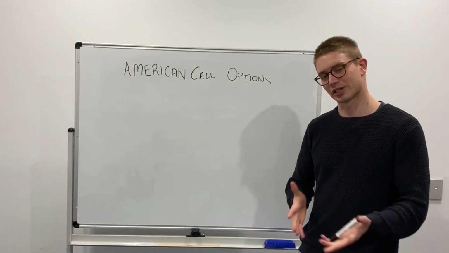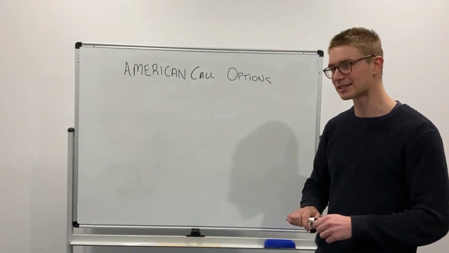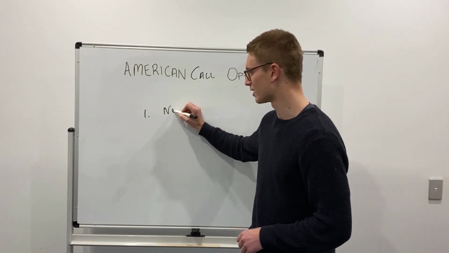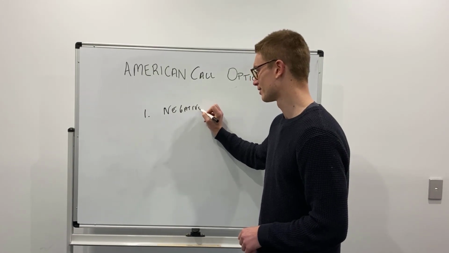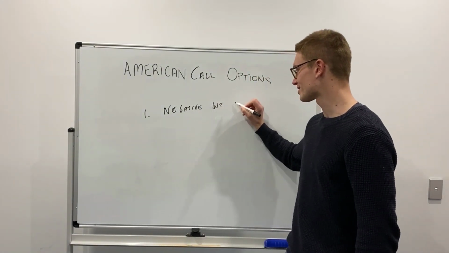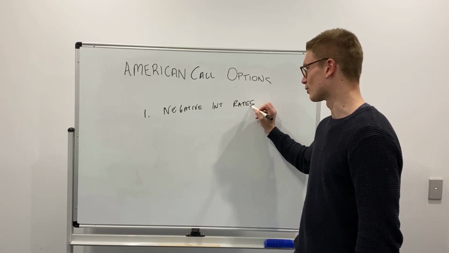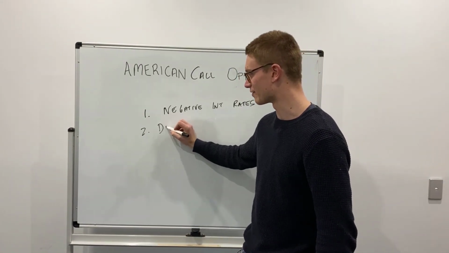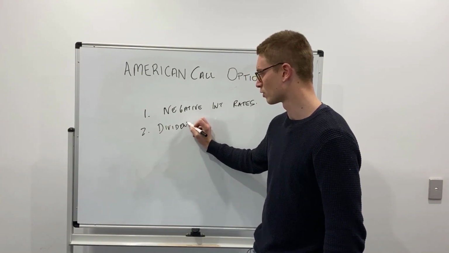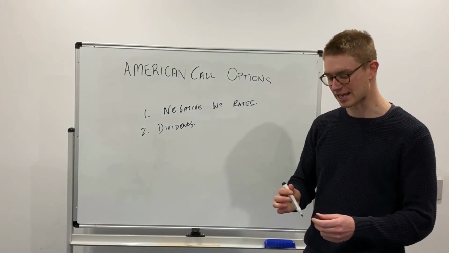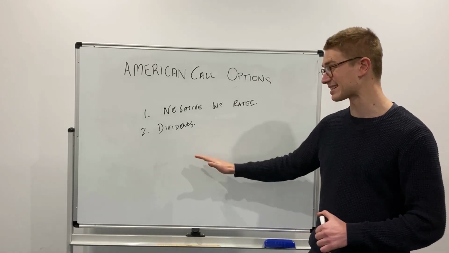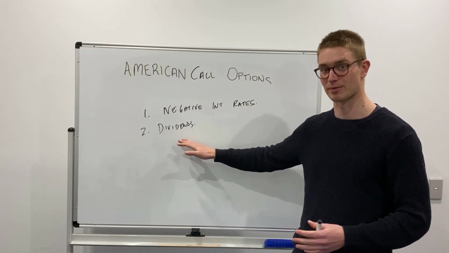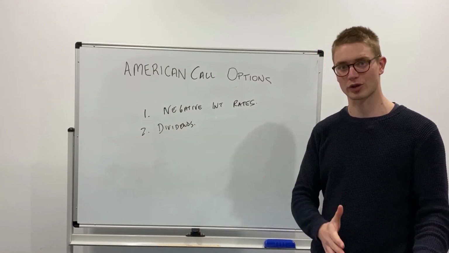So two conditions which I think are quite interesting to talk about: one, what happens if we have negative interest rates in our risk-free bank account, and two, what happens if we have dividends? Well, obviously if you have a dividend and the continuation value is less than the amount if you exercise today and then receive that dividend with the American call option, then of course you should exercise.